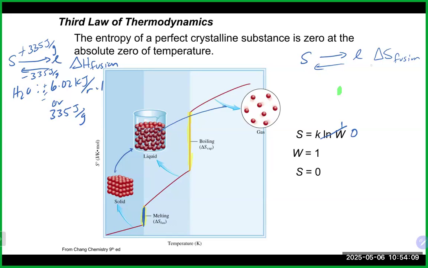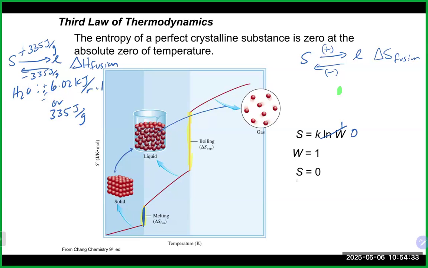Now, when we think about the delta S of fusion, as we go from solid to liquid, we're increasing the amount of disorder, and we should end up with a positive value for the delta S of fusion. And if we're going from liquid to solid, we would end up with a negative value for our delta S of fusion in this particular case.